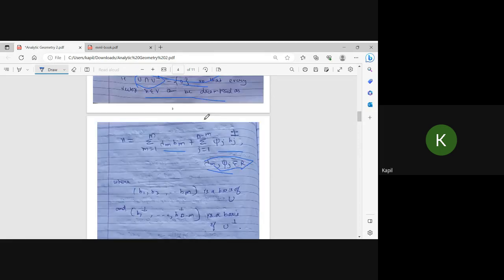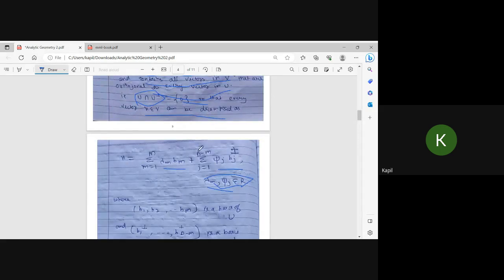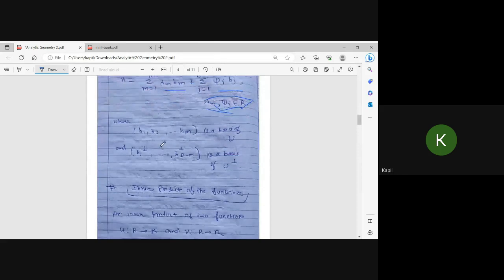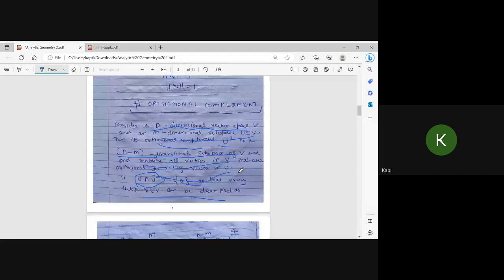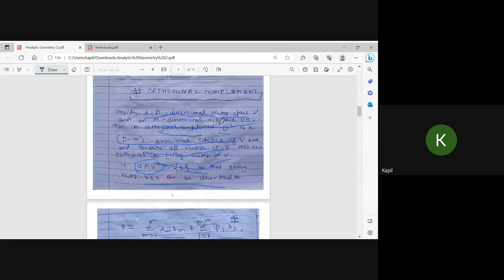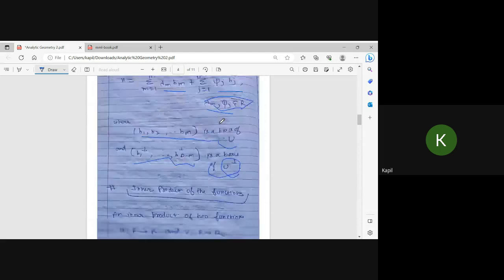So we can write any vector x as a decomposition of these summations. Here b1 to bm is the basis of U, and b1 complement to b complement d minus m is the basis of U complement. So that was the orthogonal complement of a vector space V.